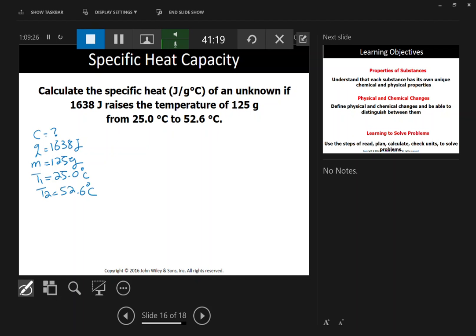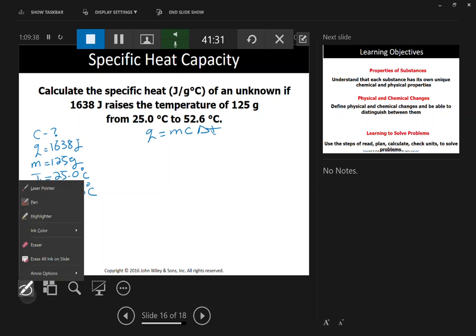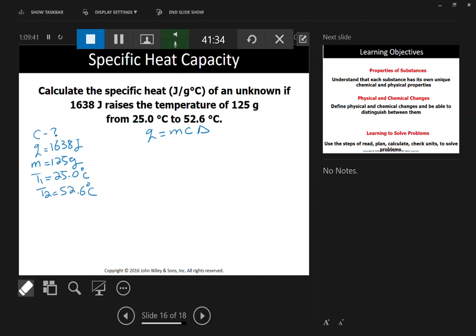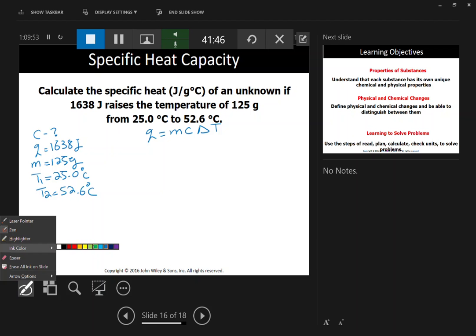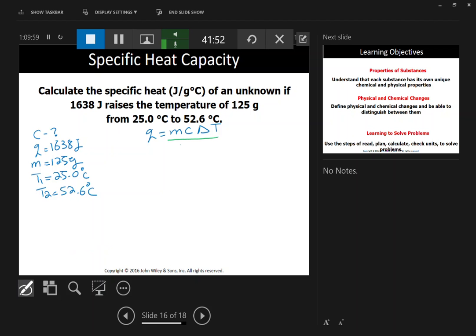So for anything that's related to heat, Q equals mc delta T. Now we're solving for C, so we have to isolate C. In order to isolate C, we're going to divide both sides by m delta T. Now m delta T cancel out.